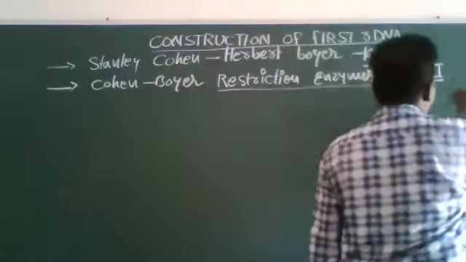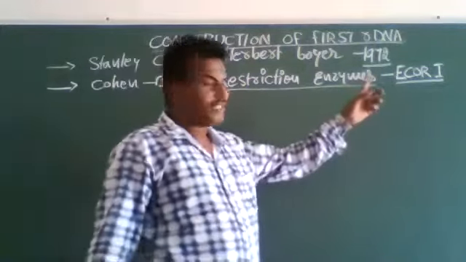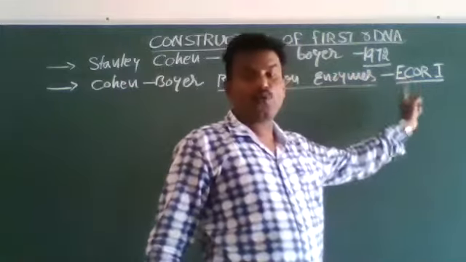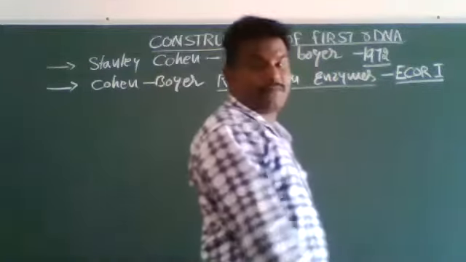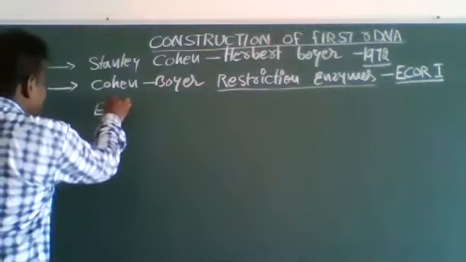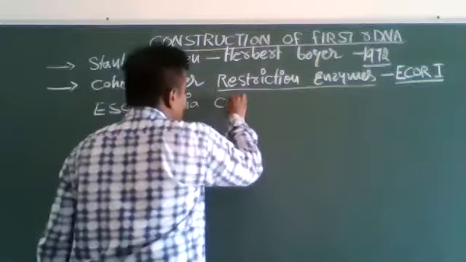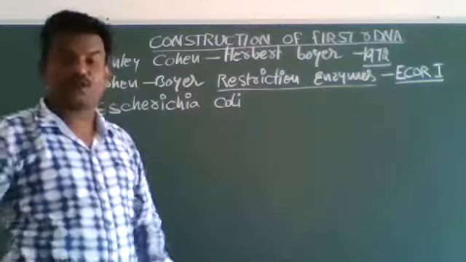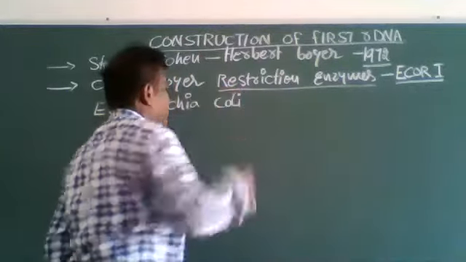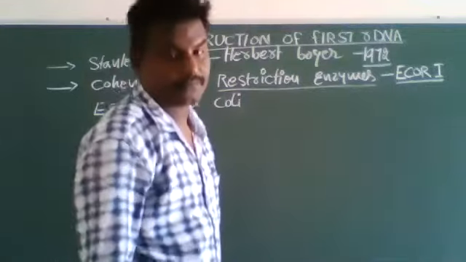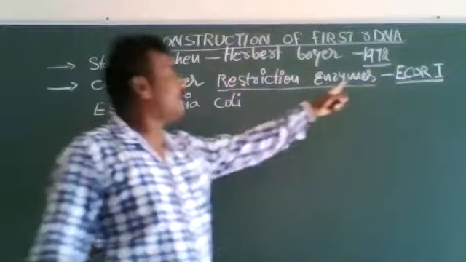The restriction enzyme is also called EcoR1. This EcoR1 enzyme is collected from the Escherichia coli bacteria. From the Escherichia coli bacteria, they isolated the enzyme for the first time. That's why it is called EcoR1.